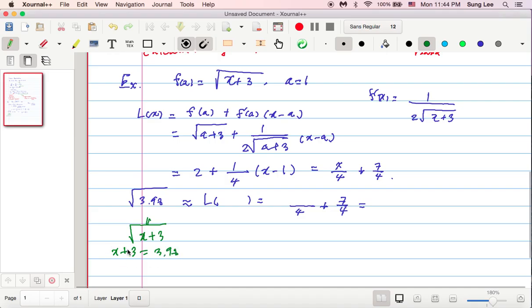So you can easily see that x has to be 0.98, right? X is 0.98. That's the x value, okay? So here also 0.98, and that's something we cannot easily calculate by hand. And that's going to be, if you calculate, 1.995.